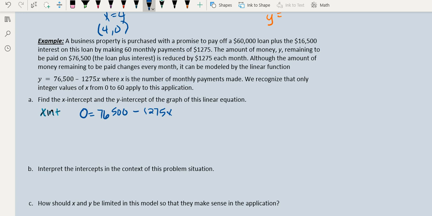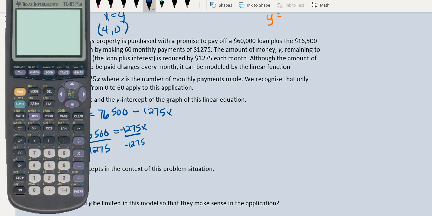So we would subtract the 76,500 from both sides, and we get negative 76,500 equals negative 1275x. In order to solve, we now divide both sides by negative 1275.